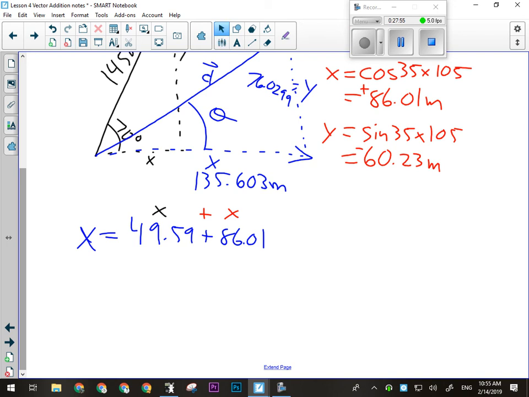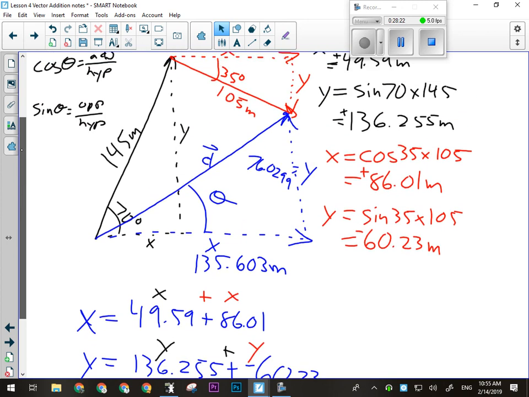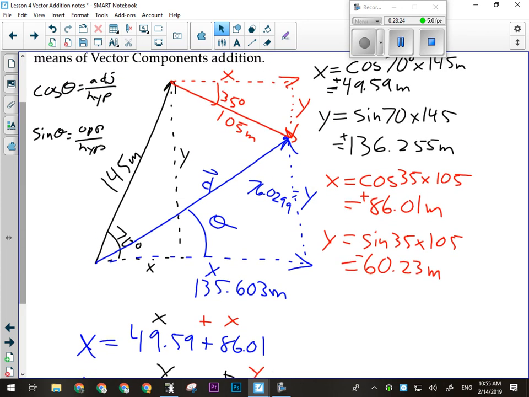And then I calculated y by taking the 136.255 and adding to that the negative 60.23. So that again was black y plus red y. That's how I arrived at those numbers. I've just calculated the two sides of my overall displacement.